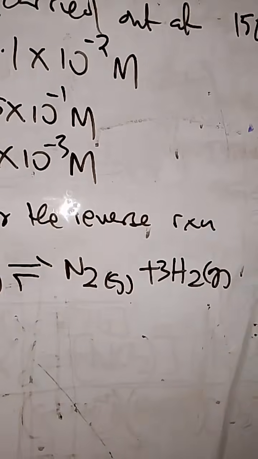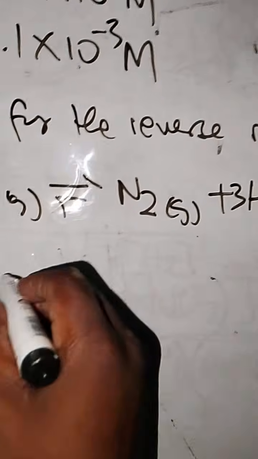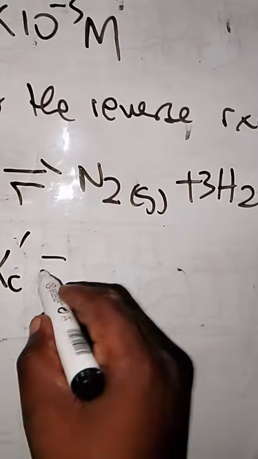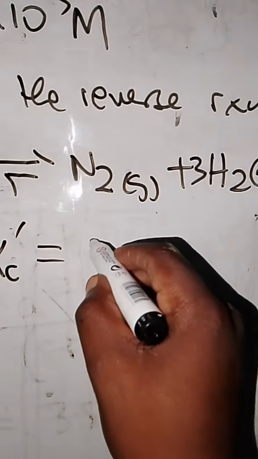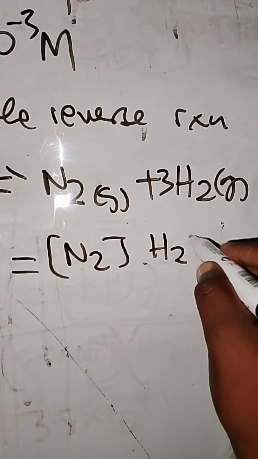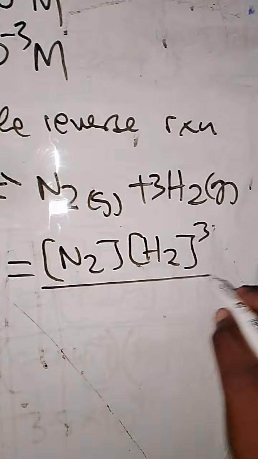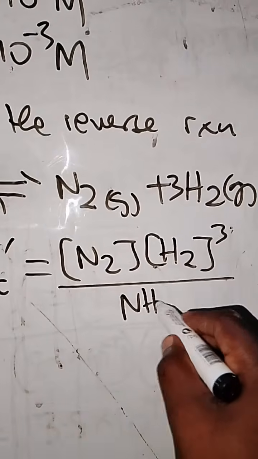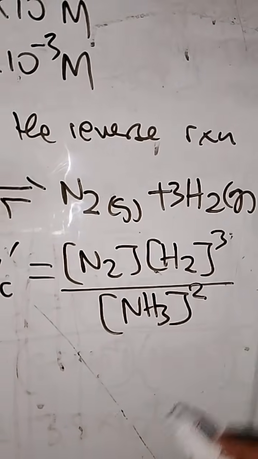Okay, so if you write the Kc in this case, you can see the reactants have now become the products. So we are going to differentiate. We won't say Kc, we'll put a prime to show it is happening in the reverse direction. So Kc prime will equal the concentration of nitrogen times hydrogen cubed over ammonia squared.